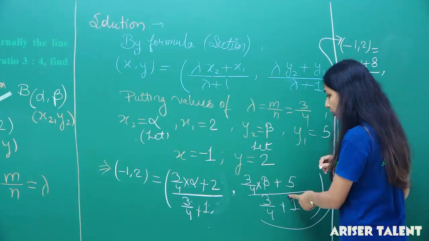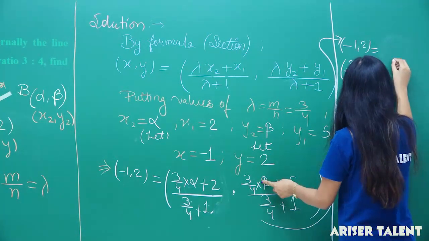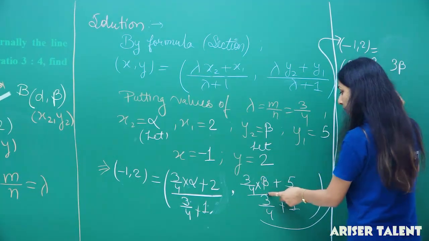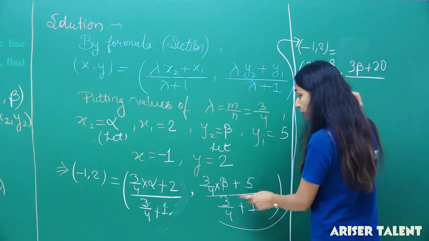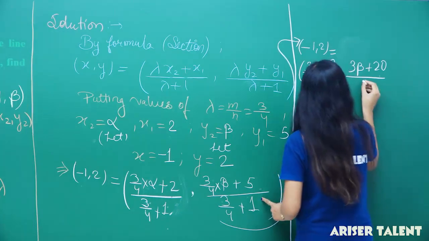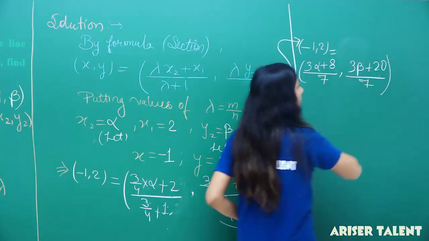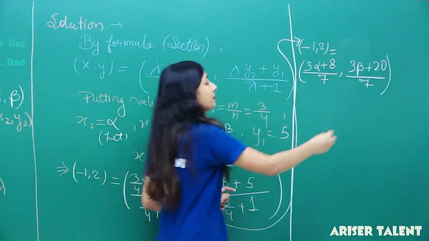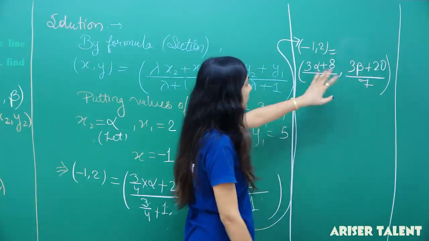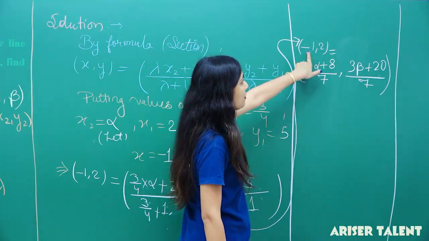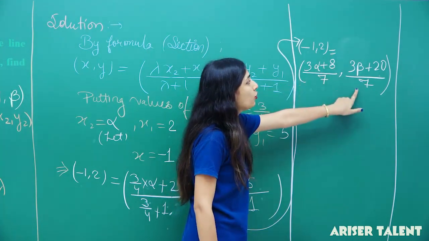Now, if I talk about this one, that is 3 beta for sure. So, 3 beta plus 4 multiplied by 5 is 20, divided by 3 plus 4, again 7, right. Okay, so this is the thing.